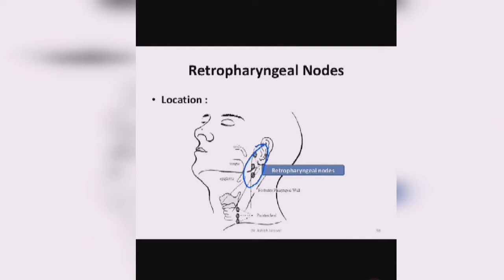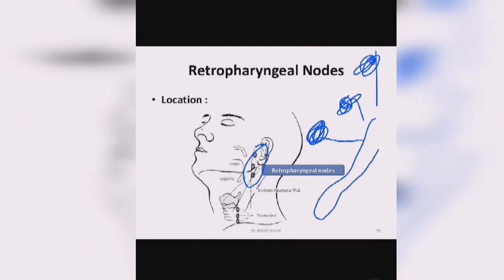These lymph nodes then burst into the retropharyngeal space and form fluid in the retropharyngeal space. This is known as the acute retropharyngeal abscess.